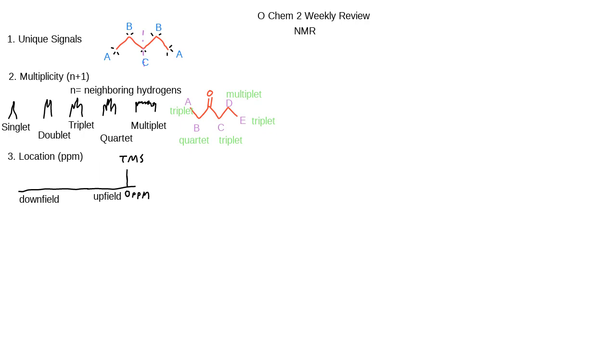So deshielded is going to be associated with downfield, and upfield will be associated with shielded. The shielding and deshielding comes from electron withdrawing atoms and their effect on electrons.